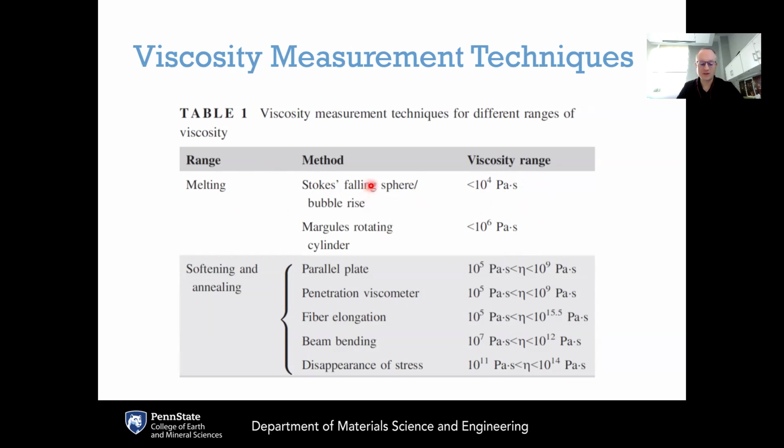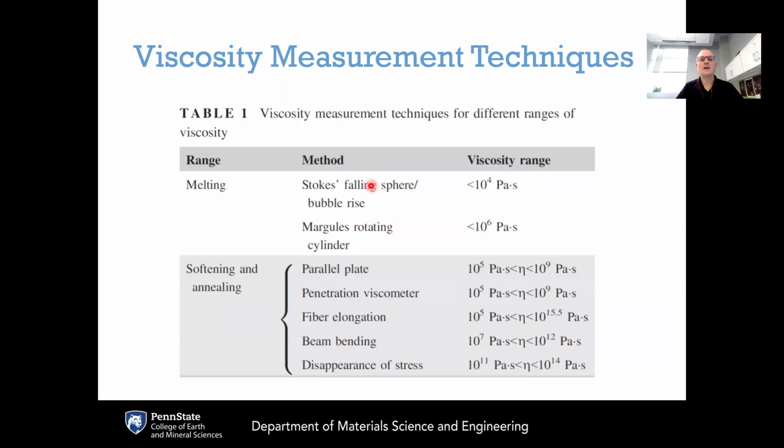The Stokes method is based on Stokes' law, and there are 2 ways to implement this. One would be to have a column of the molten glass at constant temperature, and if you're doing a falling sphere approach, you take maybe a stainless steel ball, some ball that has a higher density compared to the glass, drop it at the top of the column of the molten glass, and then measure how long it takes to sink to the bottom of the column.